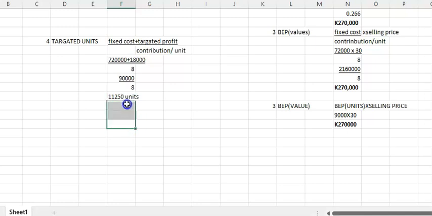So these are the targeted units. These are the units they should produce to reach the profit that they want. So this is the end of that question.